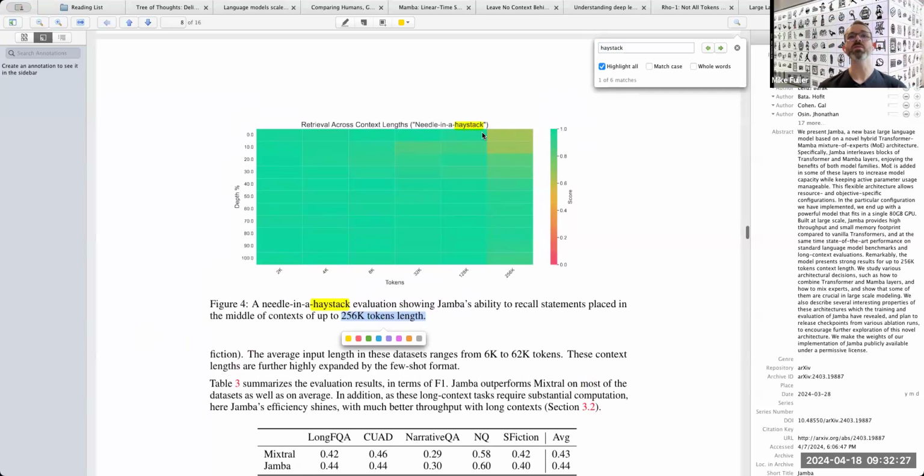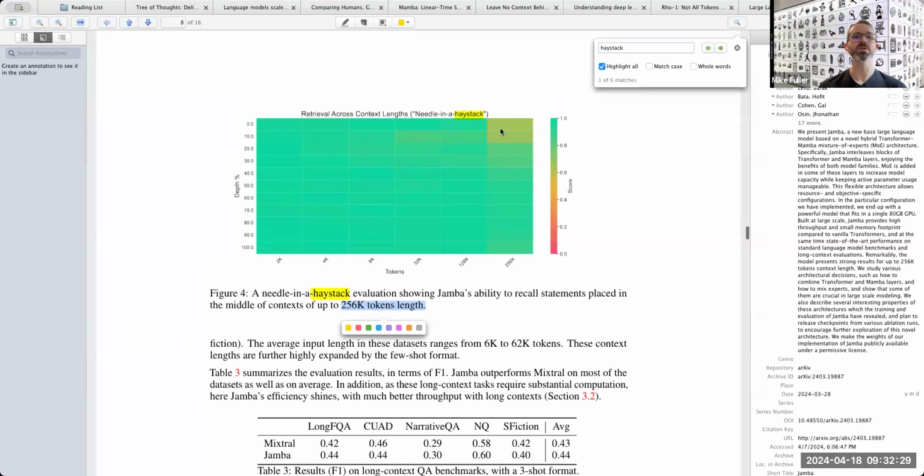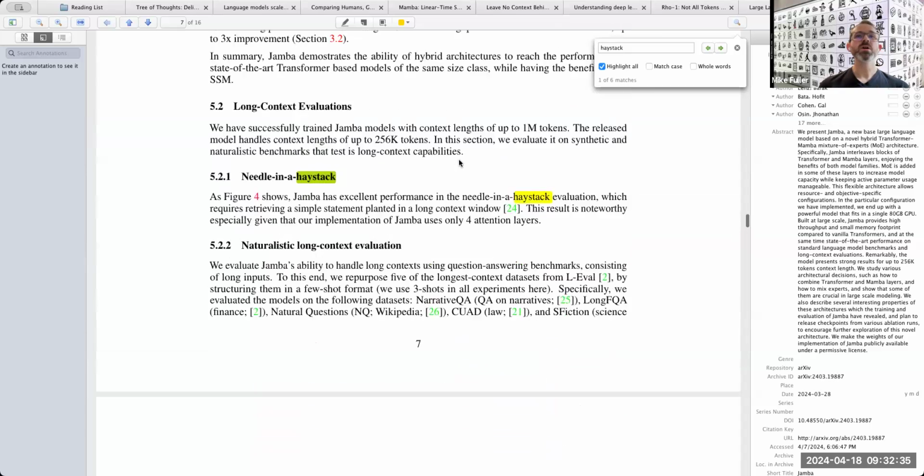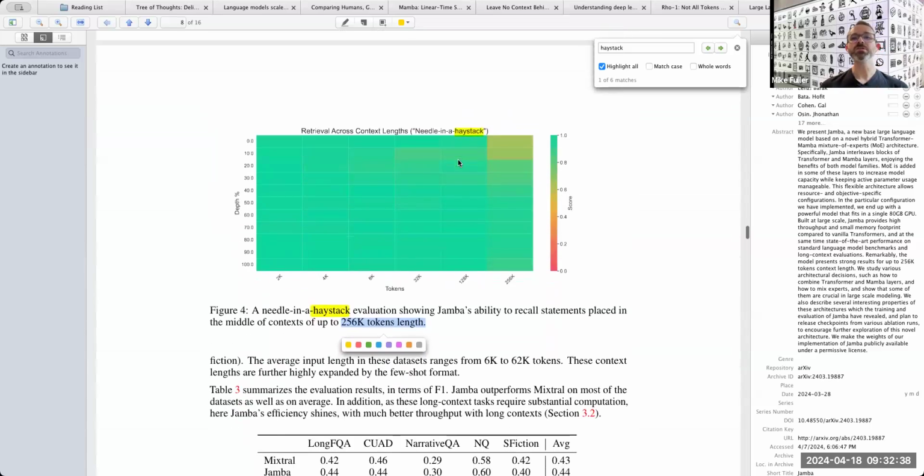We've now seen Gemini Pro with essentially perfect needle in a haystack evaluation across 1 million tokens, which is incredible.